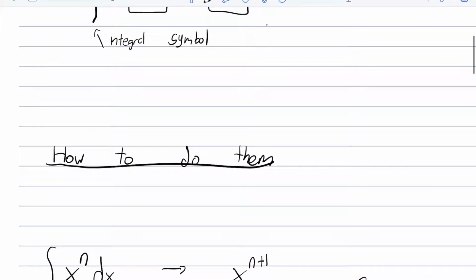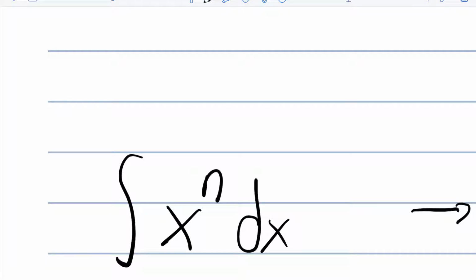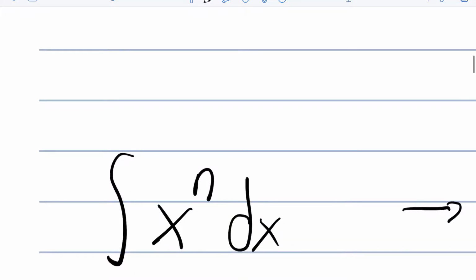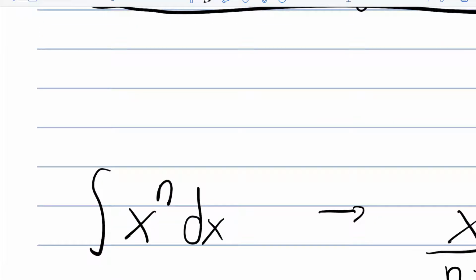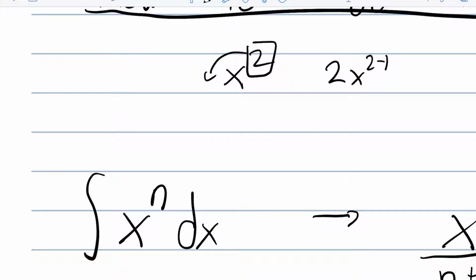And speaking of how to do them, well, we got a basic rule. There are several rules for differential calculus, which I'll explain to you later, but for today, we're just going to focus on the basic rule, and that's how you do something like x to the nth dx. So, if we think about how we do derivatives, let's say we got x squared. We just bring this down, and then 2x, and then we do 2 minus 1.